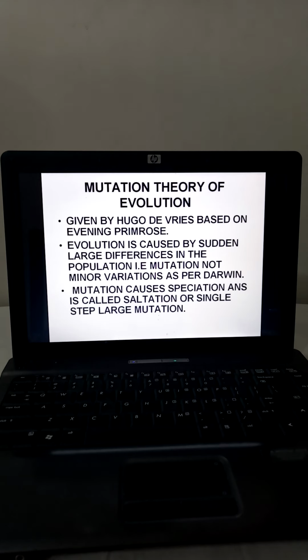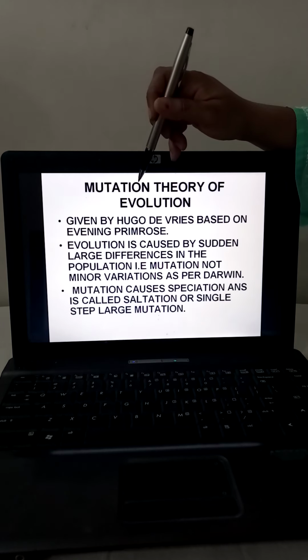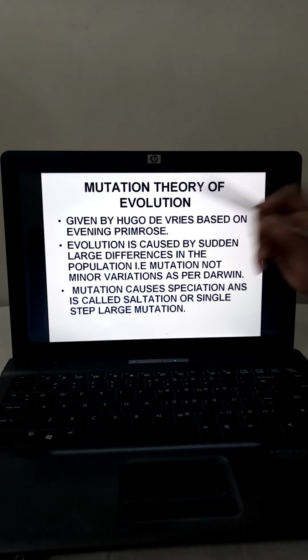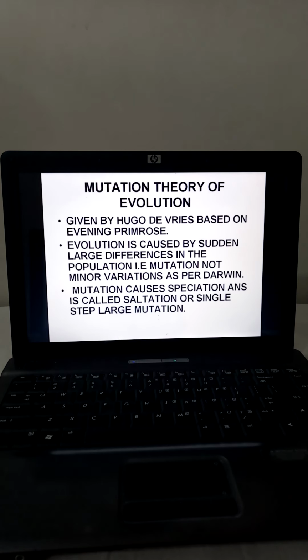But at that time, when Charles Darwin's theory was there, he said that mutation is needed for variation, but in his concept, mutation has to be at a larger level. It should be a one-step mutation, which is called saltation. That was the theory given by Hugo de Vries. I'm just reading it.